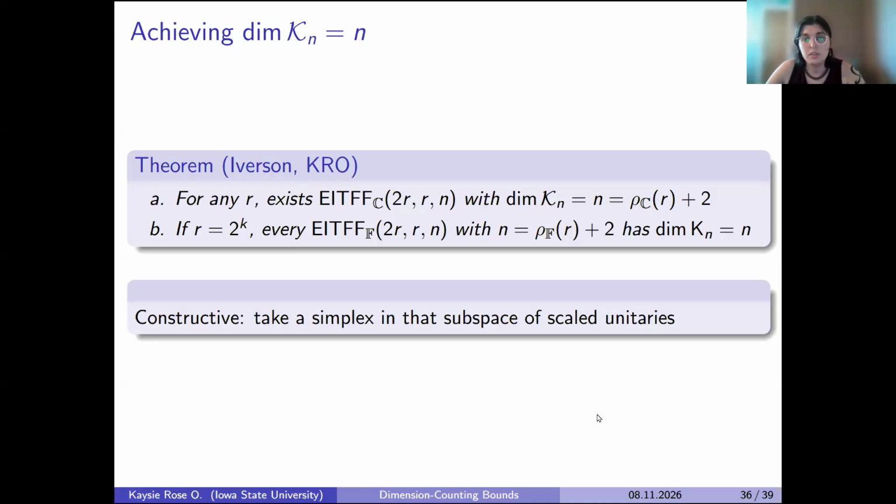And then we can also construct things that satisfy B. In fact, for any R, there is going to be at least one. So we get this infinite family of maximal eITFFs, which is really cool. That's not really something that is floating around in the ETF case in the same way. But we get an infinite family of maximal eITFFs. Pretty neat.